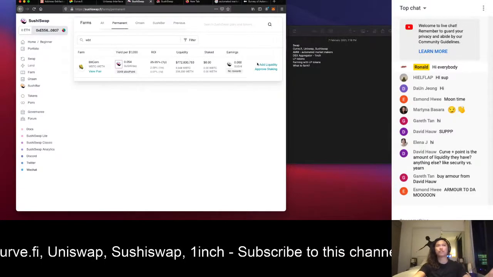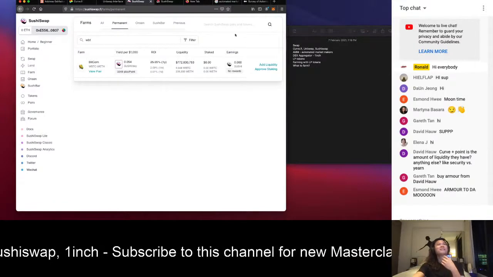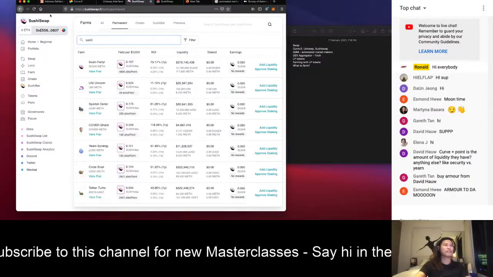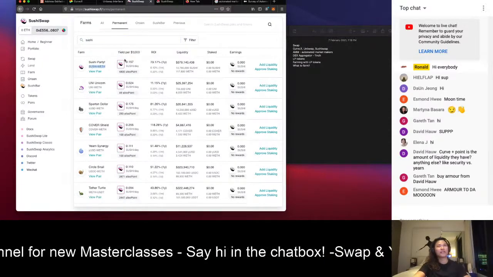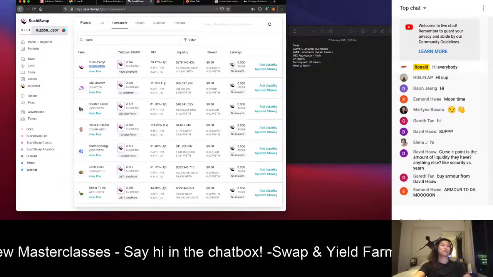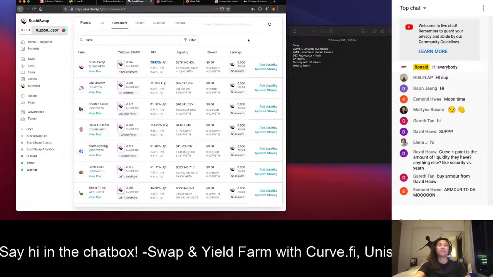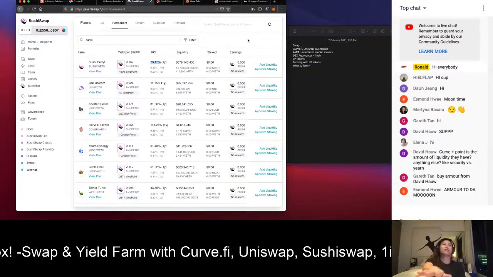Or you can keep the sushi, just to hold. Or even better, you can farm the sushi, do liquidity provision for the sushi with Ethereum, and then farm this sushi and get even more sushi. The ROI is 73%. I mean, that is if you believe in sushi or any farming bonus for that matter.